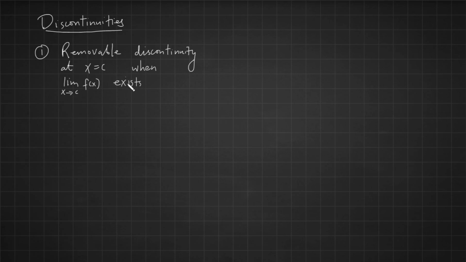Okay. However, it's not equal to the value of the function at x equals c. Okay, so limit as x approaches c exists, but this limit is not equal to the value of the function at c.